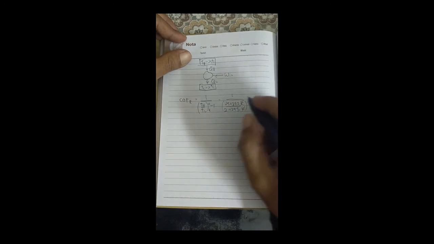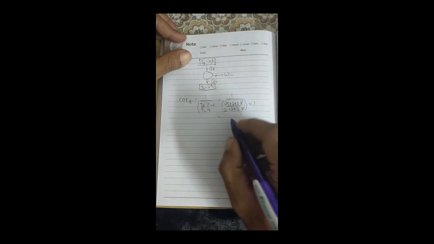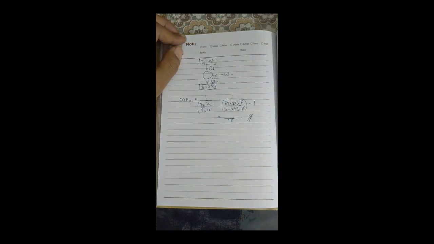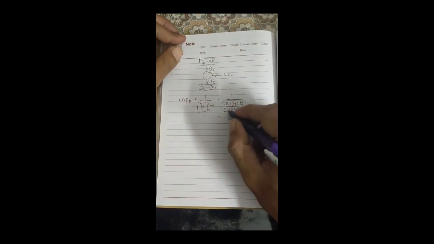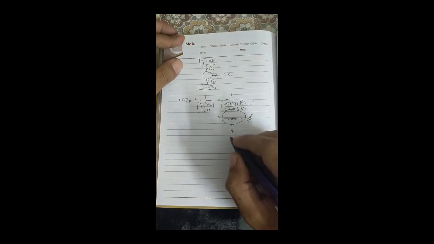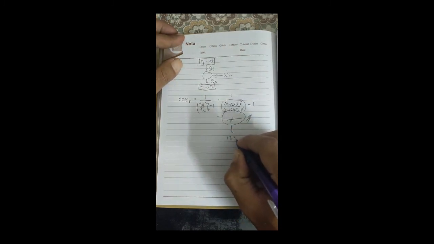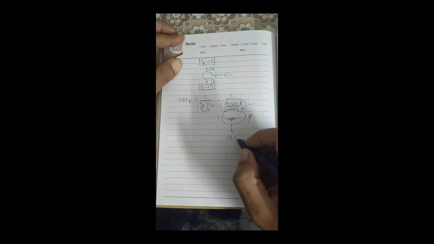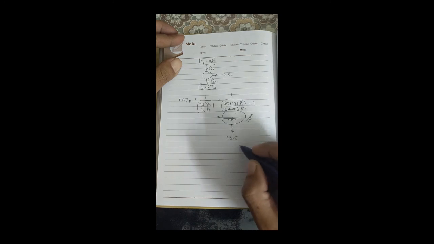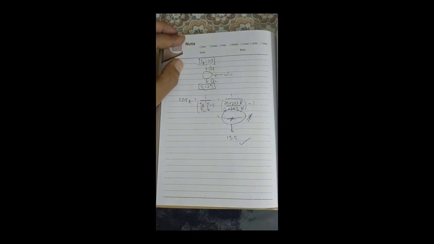So take out the calculator. Okay, so this is unitless. Alright, so compare this figure with the claim of 13.5. So you can compare whether it is true or not. Alright, thank you.